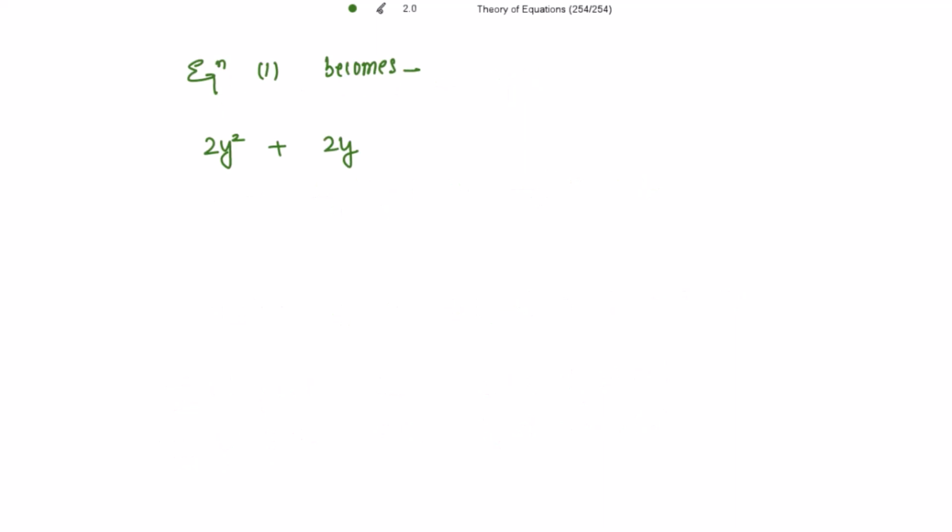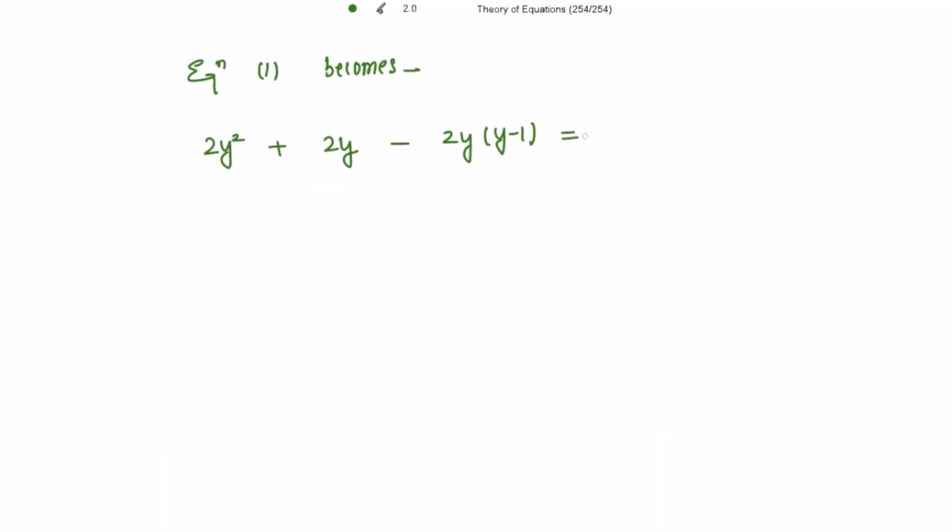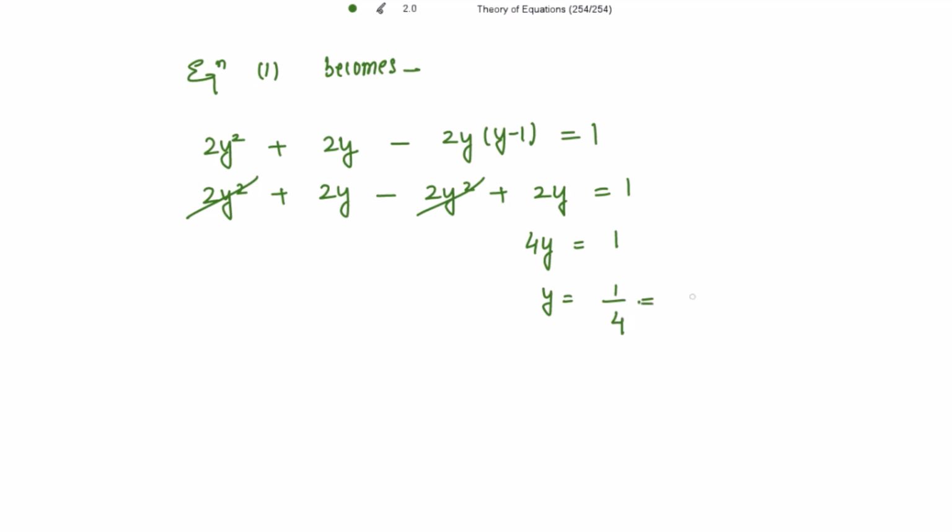Writing this as −2y(y − 1), we get 2y² + 2y − 2y² + 2y = 1. These two cancel out and we get 4y = 1, or y = 1/4. This can also be written as 1/2², which is 2^(−2).